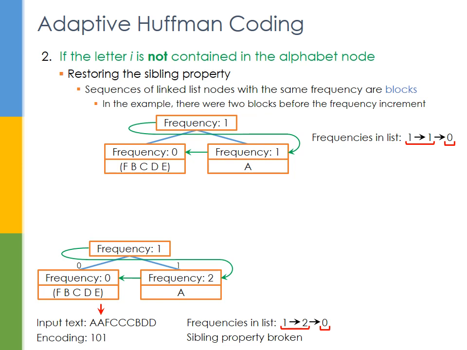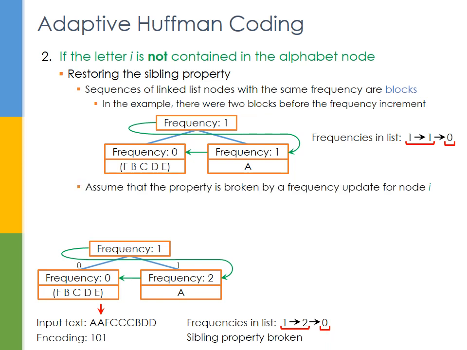Alright, so within our tree structure after the increment has taken place, we can see that we have our frequency list containing our two blocks. Our first block contains the frequencies 1, 2, where we've updated this second frequency to 2, and our second block contains 0 at that point.